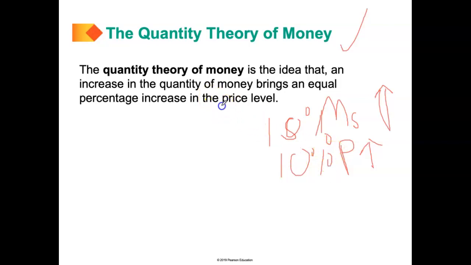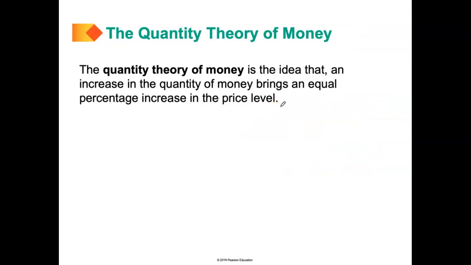Now remember, the price level basically helps us in calculating inflation. So if money supply increases by 10%, basically the inflation rate also jumps by 10%. Okay, right, so that is the quantity theory of money. And now we'll build the quantity theory of money.